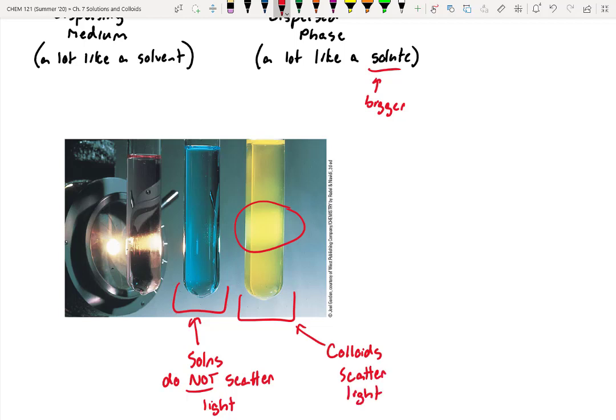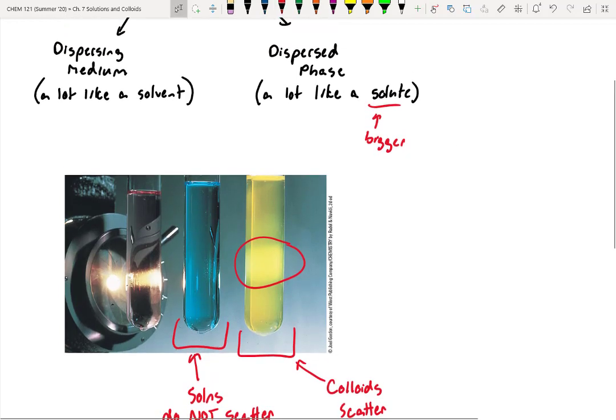All right, so it's a little bit weird to think about, but the solute in a solution, I said, is smaller than 0.1 micrometer. If we think about the solute for colloids, these typically are bigger than 0.1 micrometers. So they're relatively large, but not so large that they settle out. It's a little bit weird to think about.